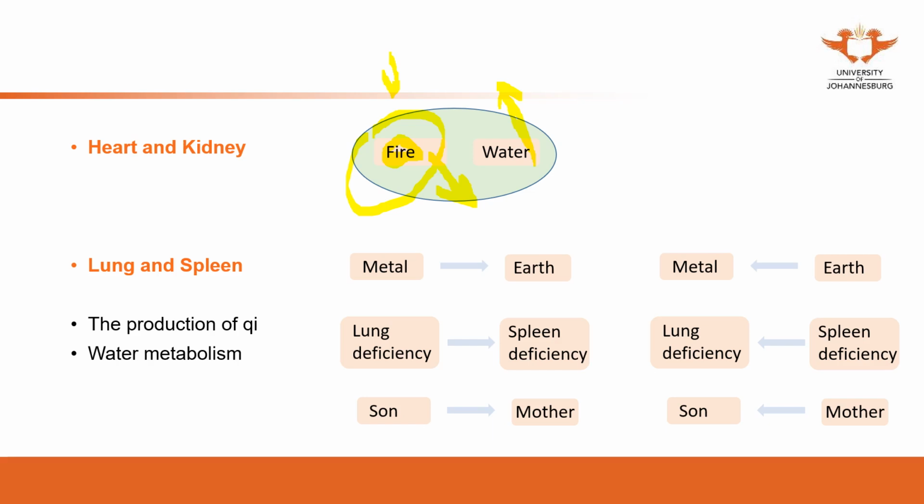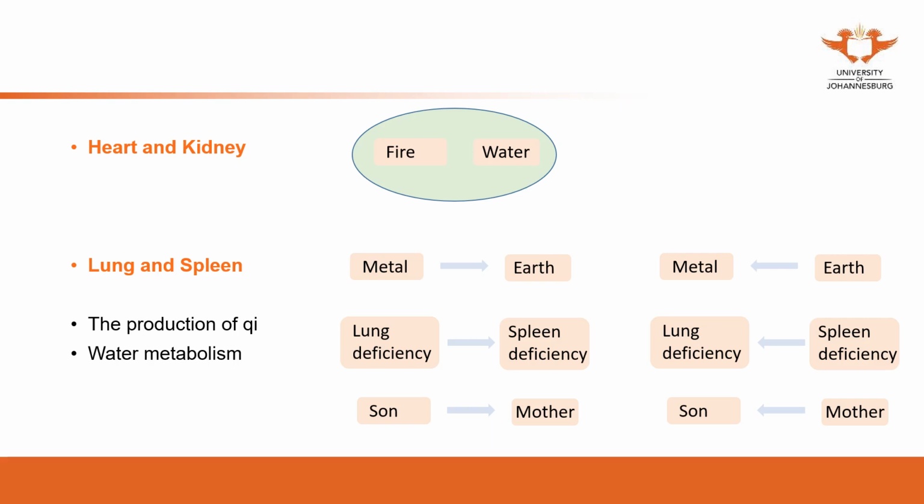The relationship between the heart and kidney also can be reflected in their functions. The heart governs the blood, so the heart is related to the blood. The kidney stores the essence. Blood and essence can mutually generate each other, because the essence can generate the qi, and that's where the blood comes from.